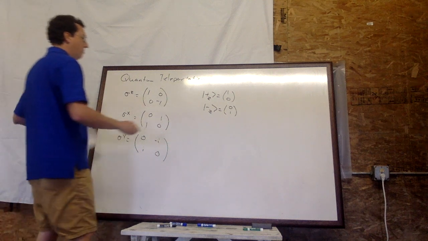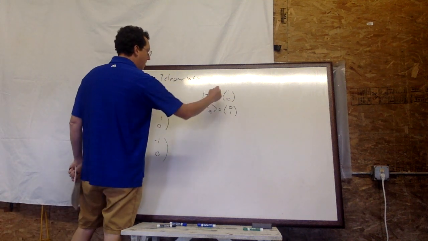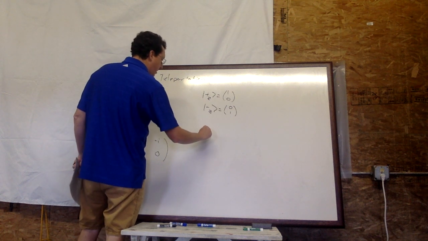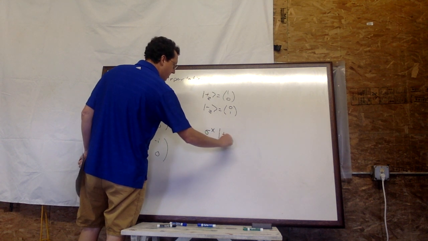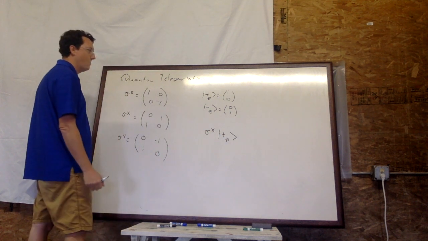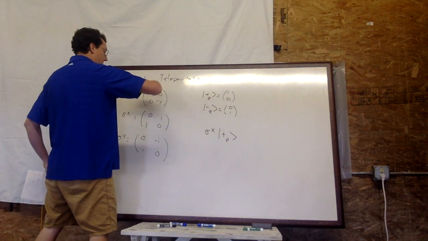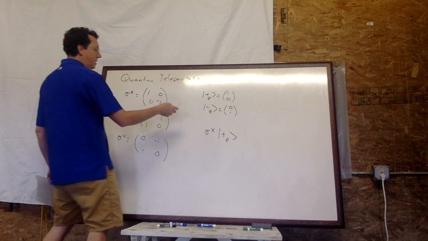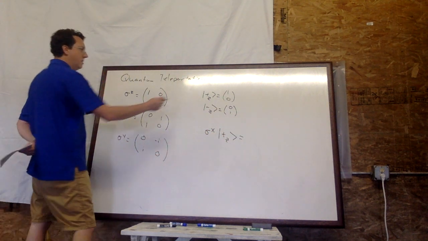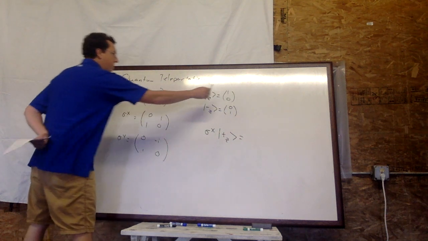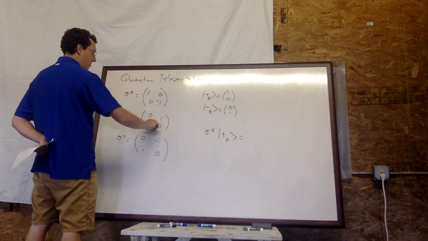Now, what I want you to notice or remember is the following. If you take sigma x acting on plus z, so you matrix multiply them, just multiply this matrix times this vector, (0, 1).